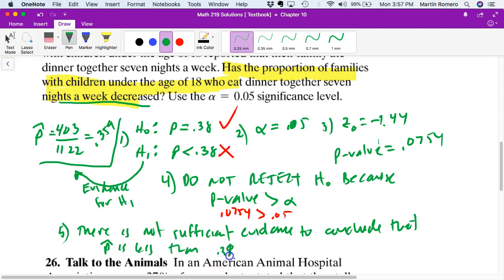We don't have enough evidence to conclude that, which is, again, that the proportion of children with families under the age of 18 who eat dinner with their family 7 nights a week has decreased. We don't have enough evidence to say that is true. Let me write that better. There we go.